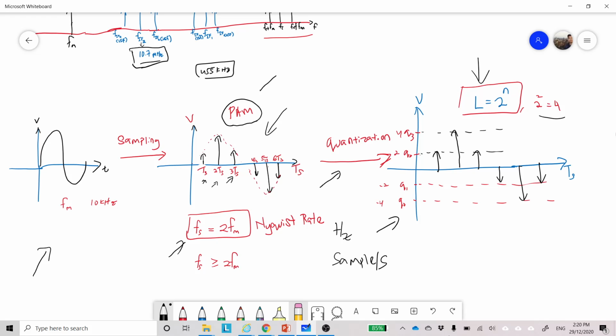Okay, because when we rounded up the sample value to the nearest quantized level, actually we're gonna produce the error. So proses pembundaran itu sebenarnya adalah menghasilkan error. Okay, so how do we want to reduce the error? If we want to reduce the error, that means we need to increase the number of levels.